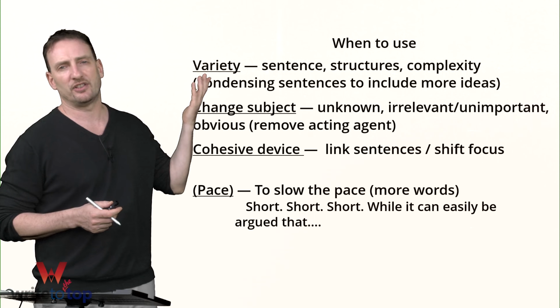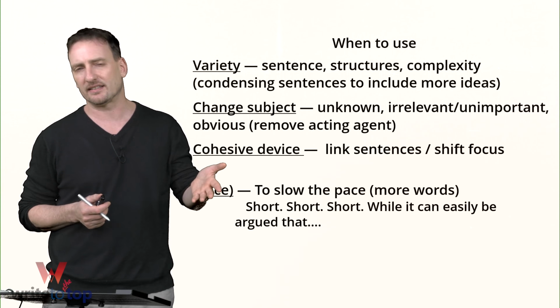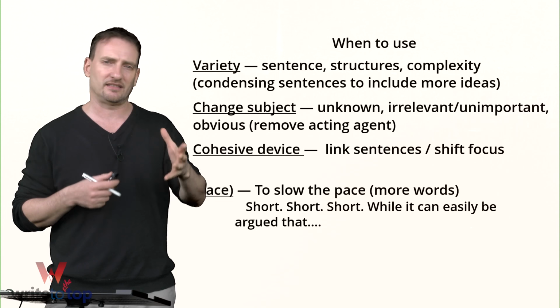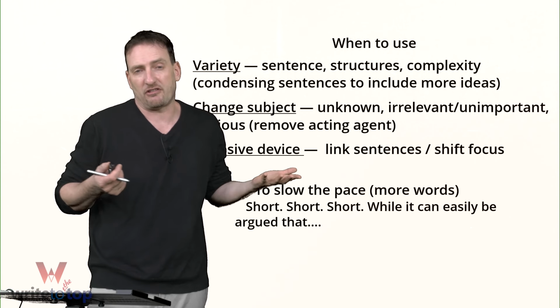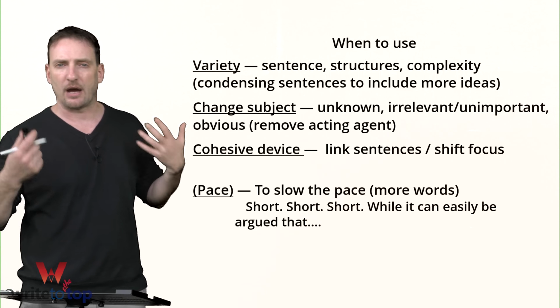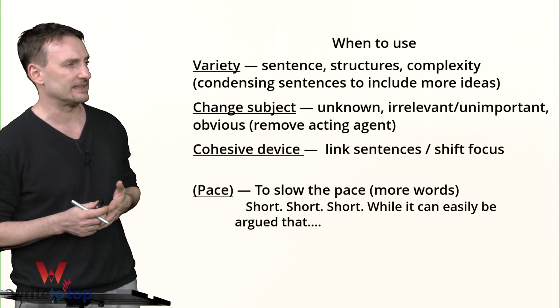So the main reason to use it is for variety. If you have active sentences, active sentences, active sentences, and they're all simple sentences, you don't have any variety. Passive just gives you a little bit of variety, just show other structures. That way the reader also doesn't get bored if it's all the same type of sentences, okay?